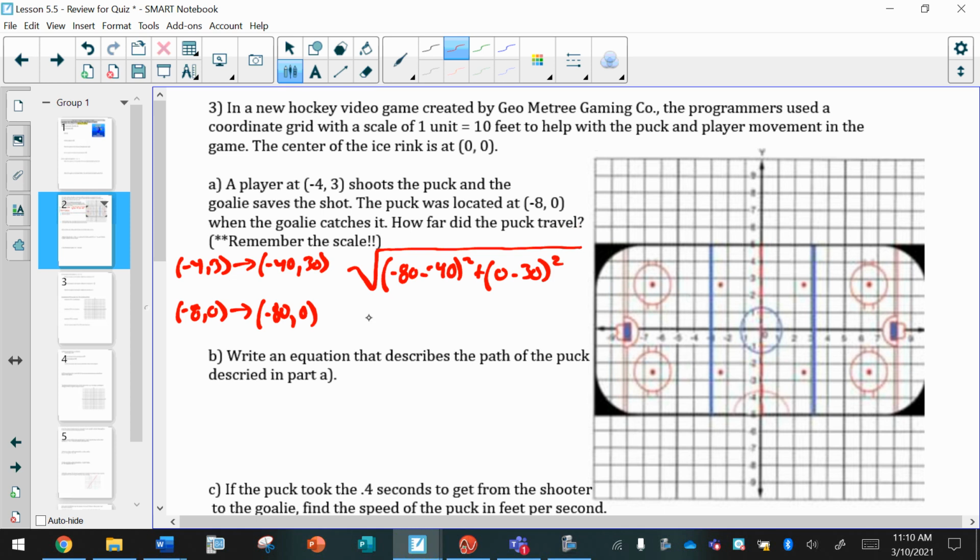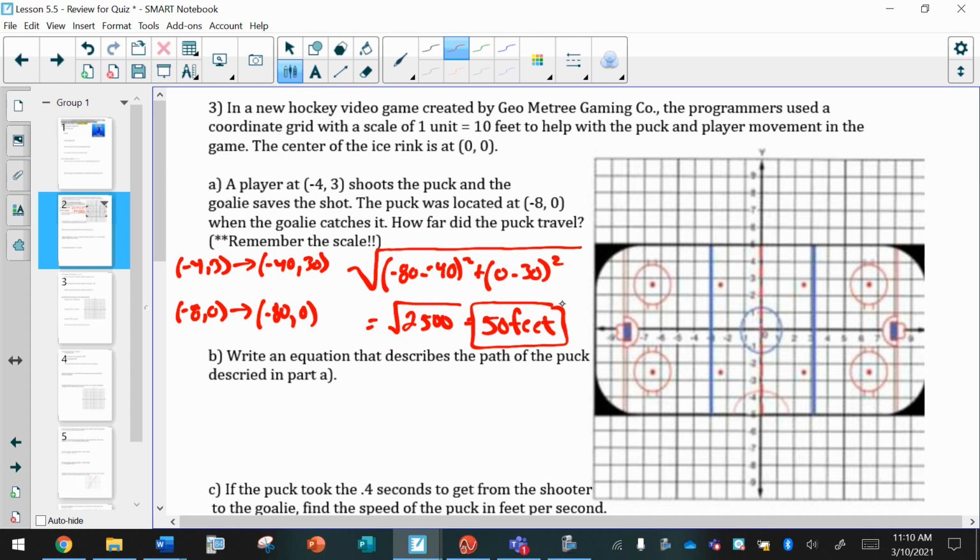So after doing this calculation, you should have the square root of 2,500, which is 50 feet. Now, if you did the distance formula with the coordinate points first, you would end up with 5, and then you would multiply it times the scale factor of 10 to get the final answer of 50 feet. So it could go either way.